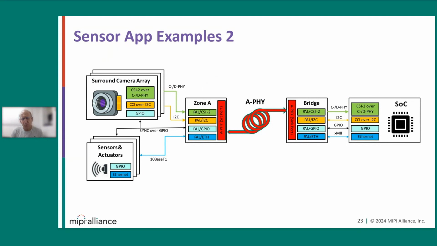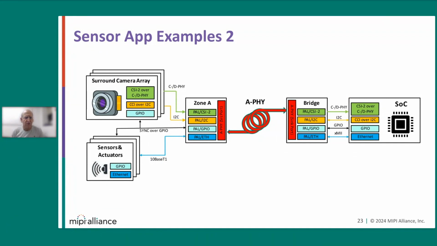So we have zone A that aggregates all incoming sensors from an array of cameras, for example, for surround view, together with some actuator and sensor that in this case use a 10BASE-T interface for their data transfer. And they are all synchronized and timed with a mutual sync event coming from the SoC.